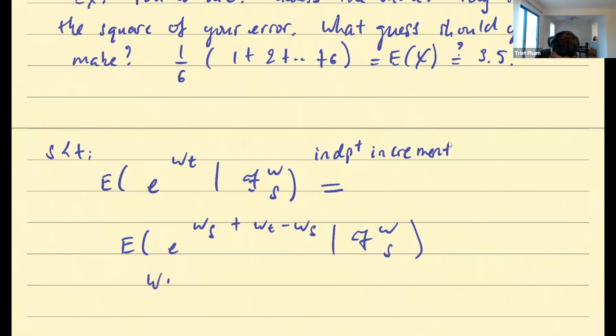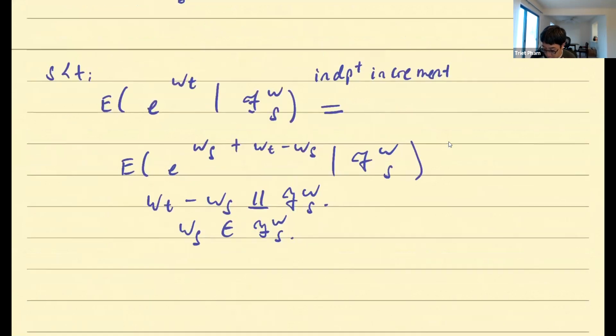So very important for our calculation, the future increment is independent of the past history. W_S, I hope Professor Larson used this notation too. What it means is it's known by the history, it's known by observing the past.